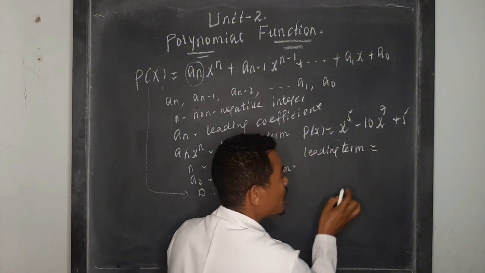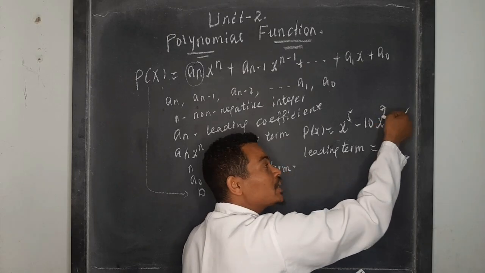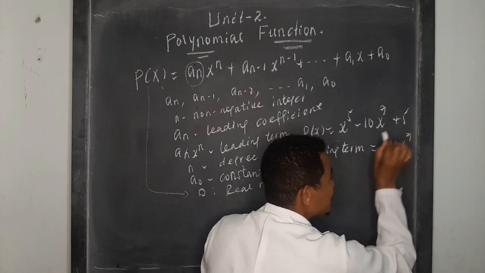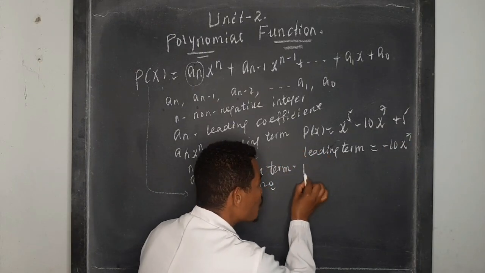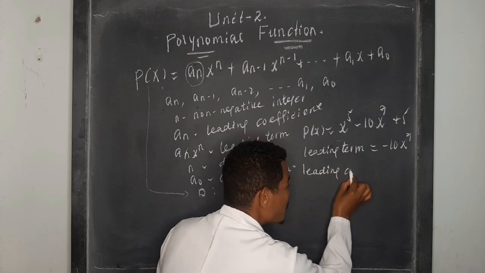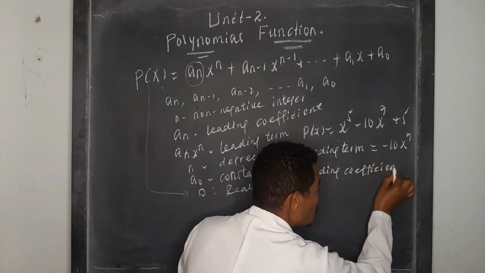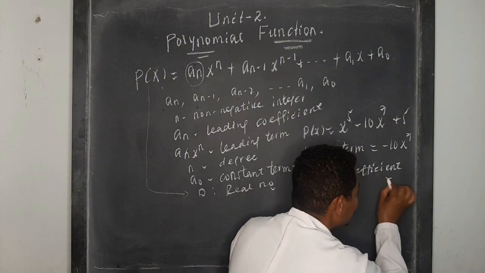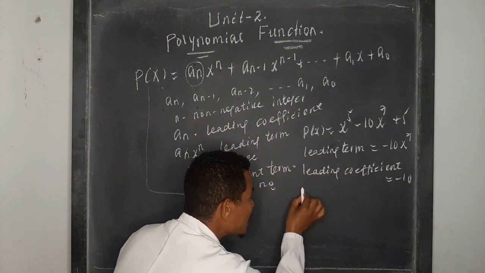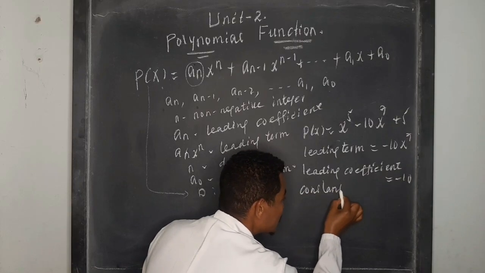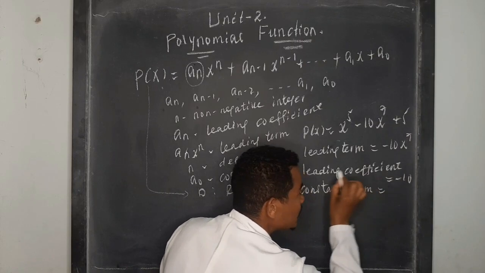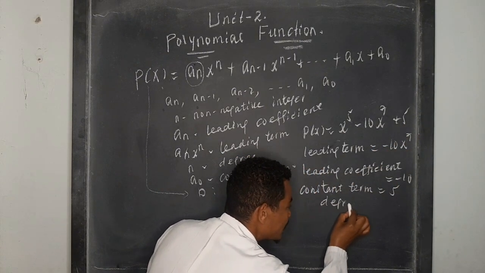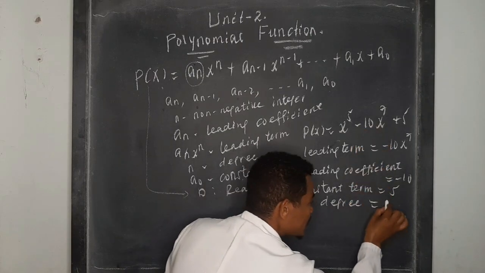If we are asked for the leading term, we look at the highest degree exponent, so the leading term is -10x^7. The leading coefficient is the coefficient of the leading term, which is -10. The constant term is 5, and the degree is the highest exponent, which is 7.